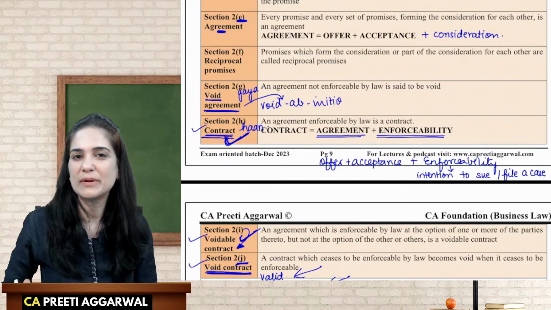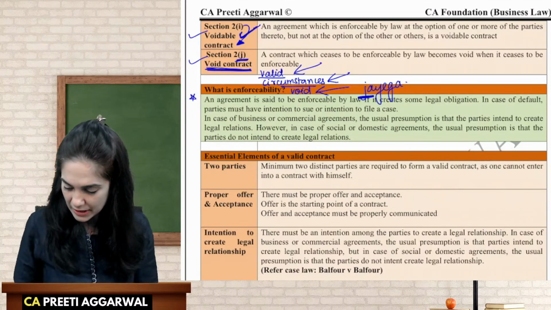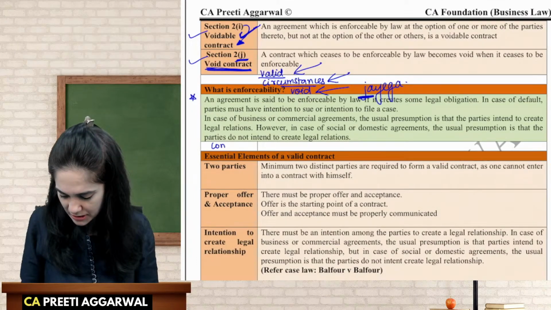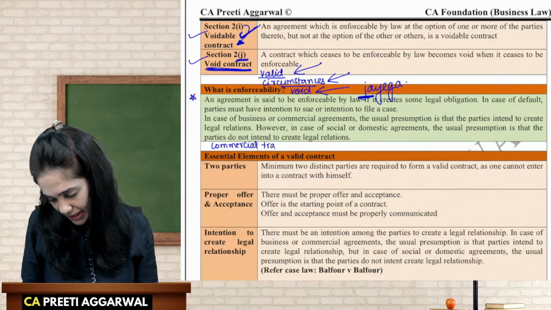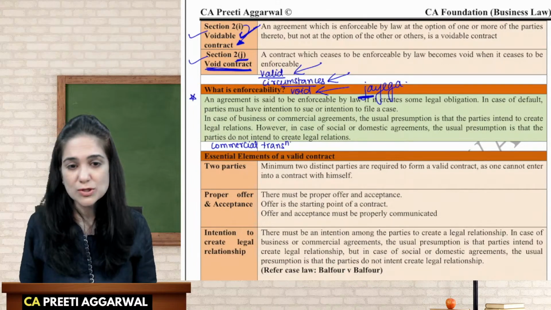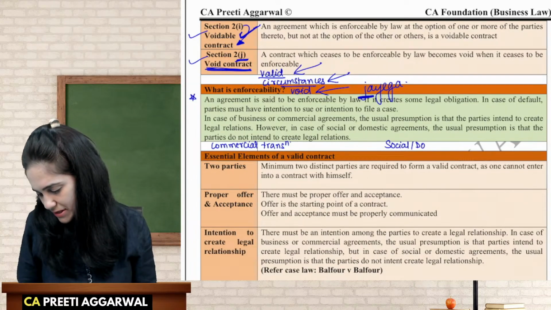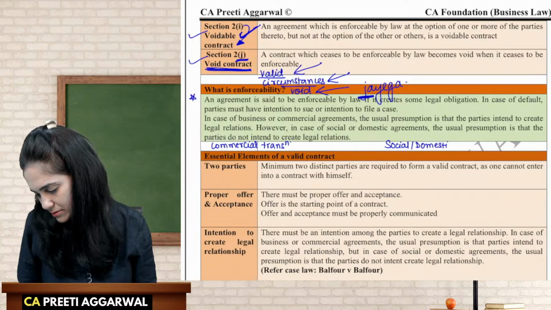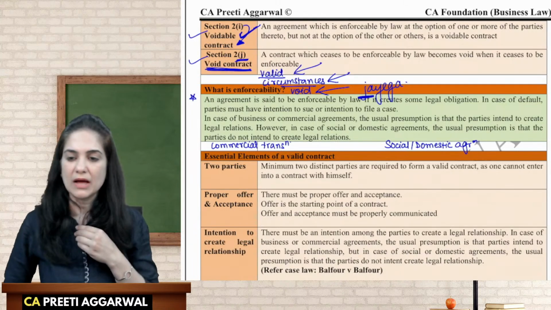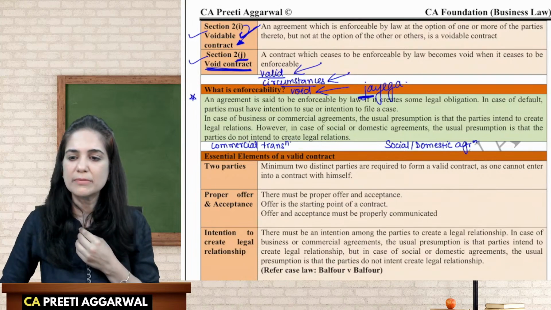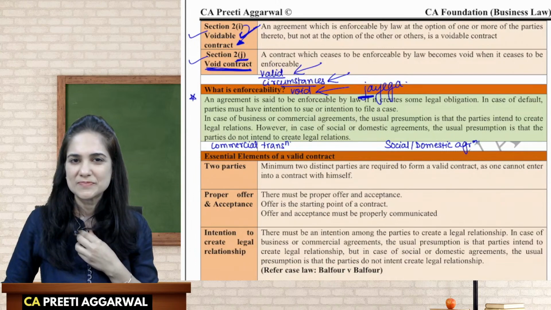That is enforceability. In case of commercial transactions, you tell me, is there a presumption? Yes or no? What about social and domestic? In case of business or commercial transactions, is there a presumption?